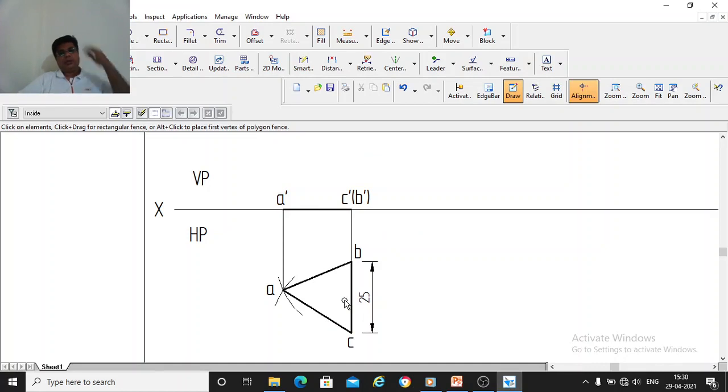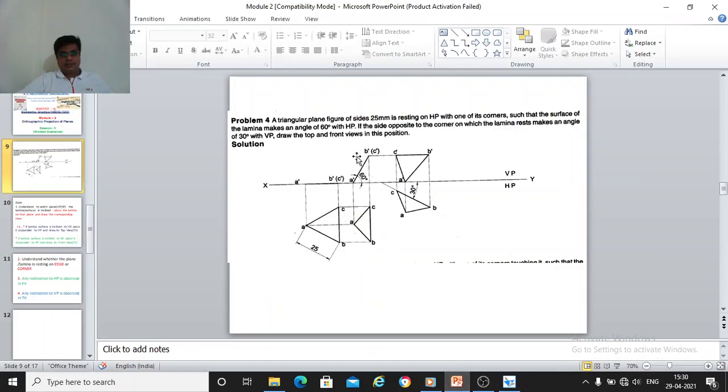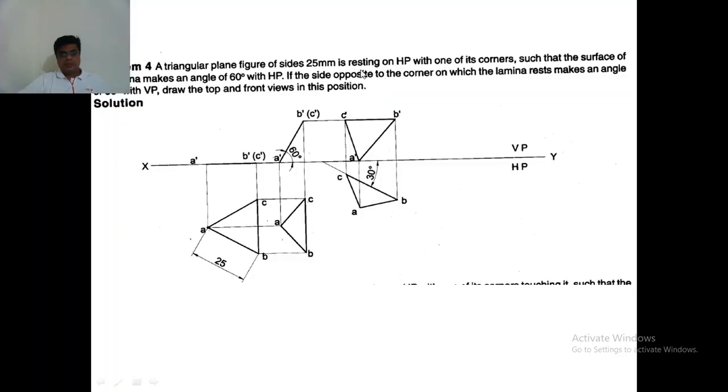Okay, so next we will go to the next condition. What is the next condition? In this you can see that the triangular plane is resting on the corner and the surface is inclined at 60 degrees to HP. So the triangular plane is resting on the corner on HP.